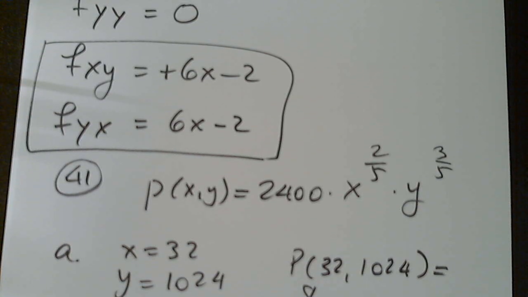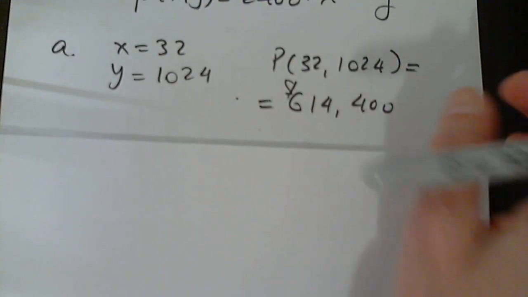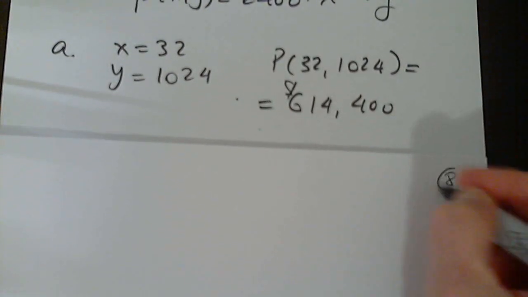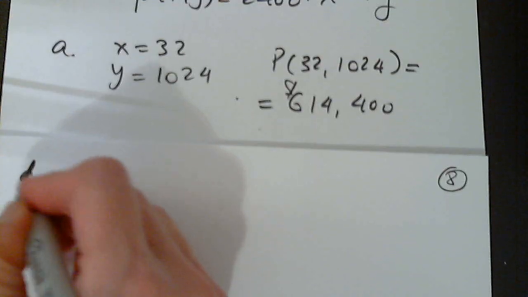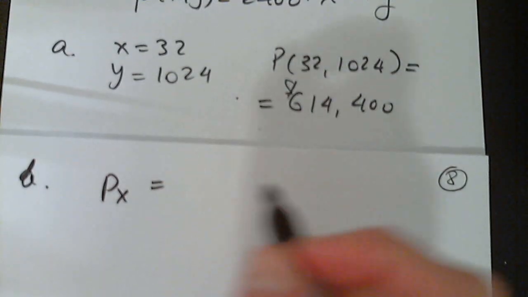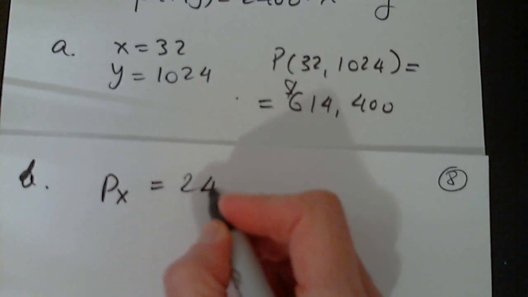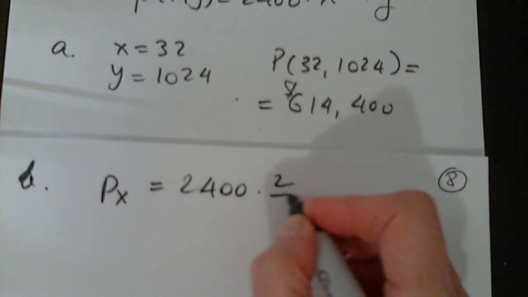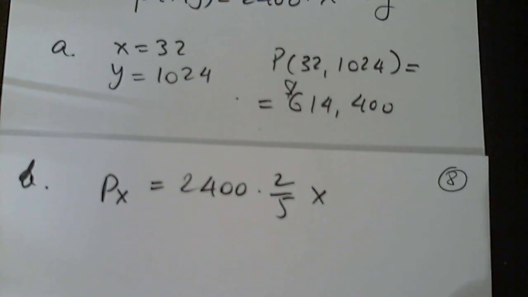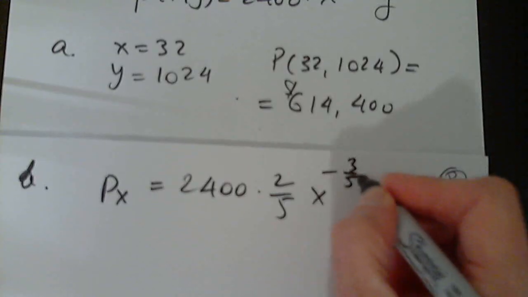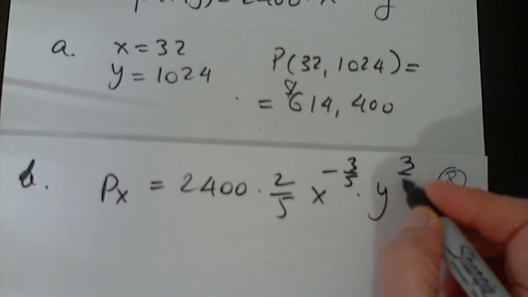Find the marginal productivities. Okay, so let's find the marginal productivities, Px and Py. Px is 2400 times 2/5, x to 2/5 minus 1, which is negative 3/5, times y to 3/5.